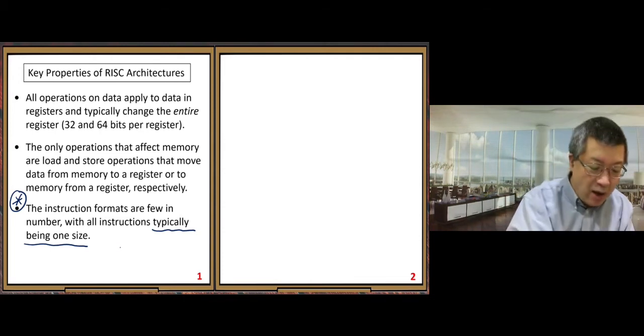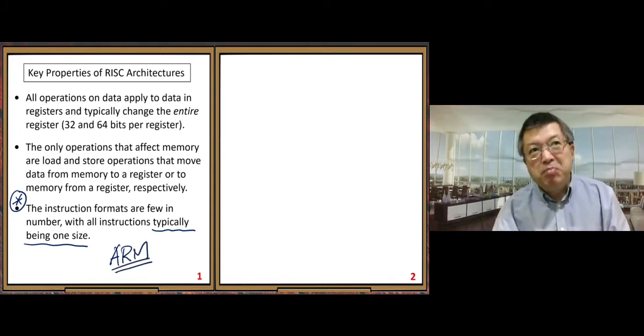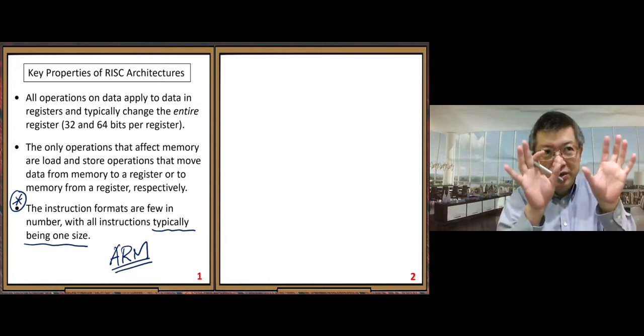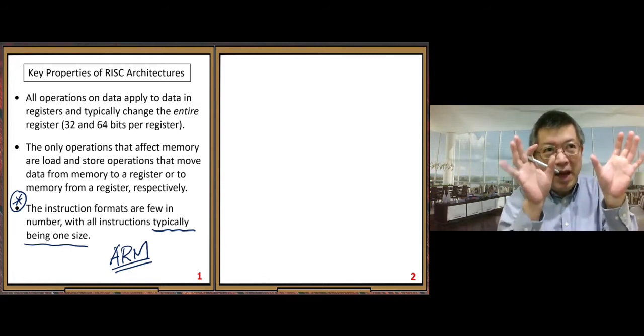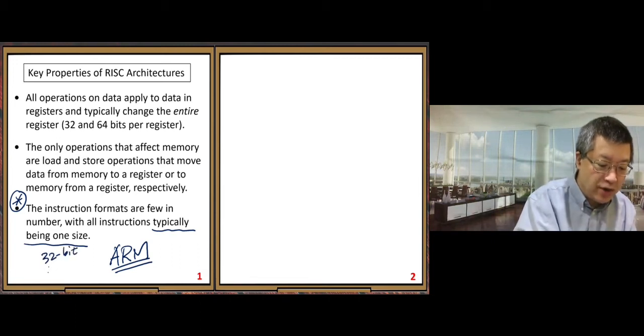For example, the ARM, we know, the cell phone ARM, used mixed instructions, two different lengths, one 32-bit instruction, another 16-bit instruction.